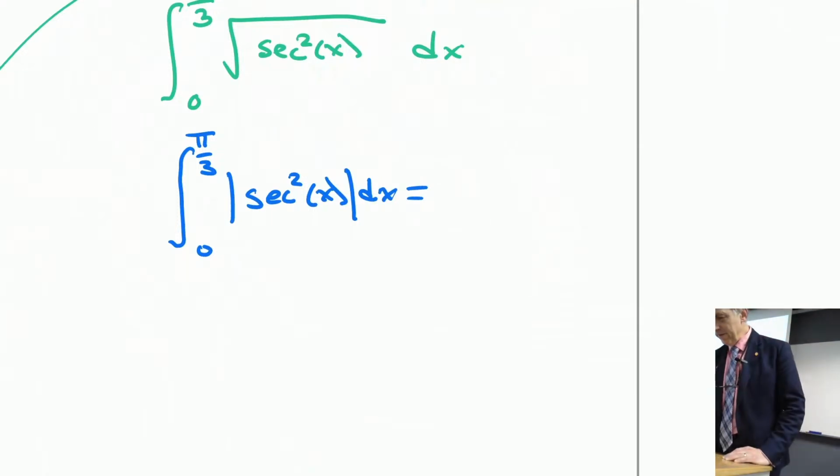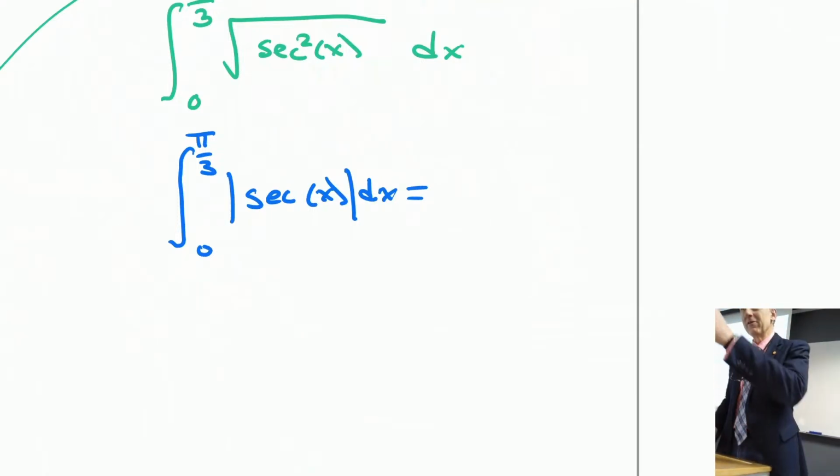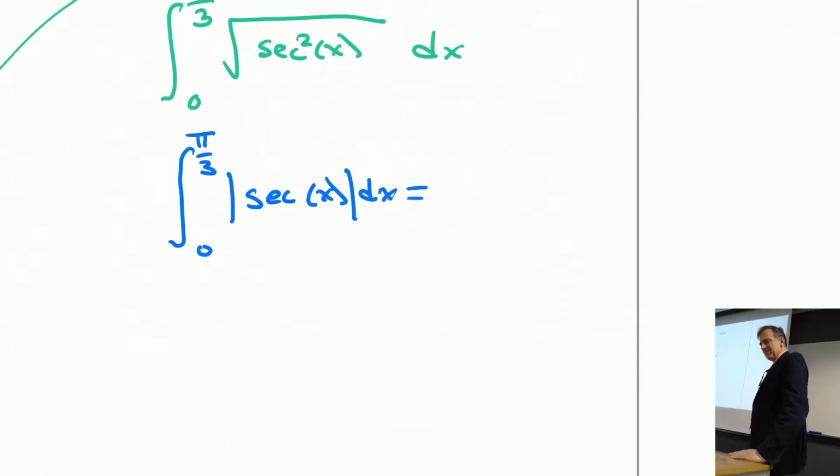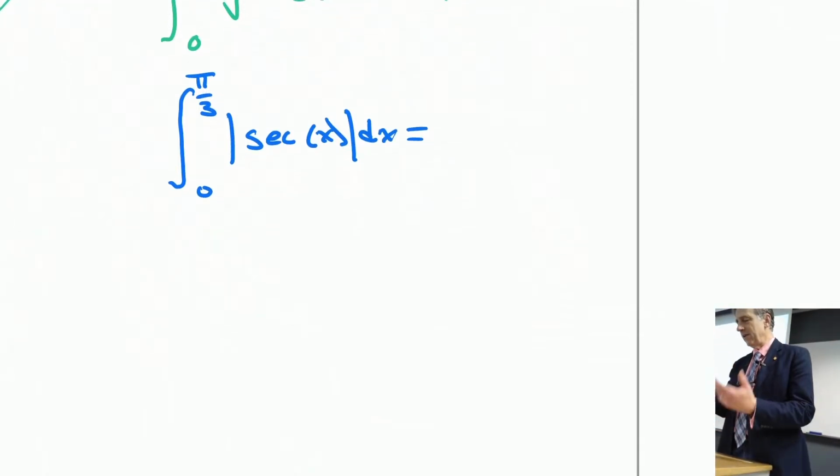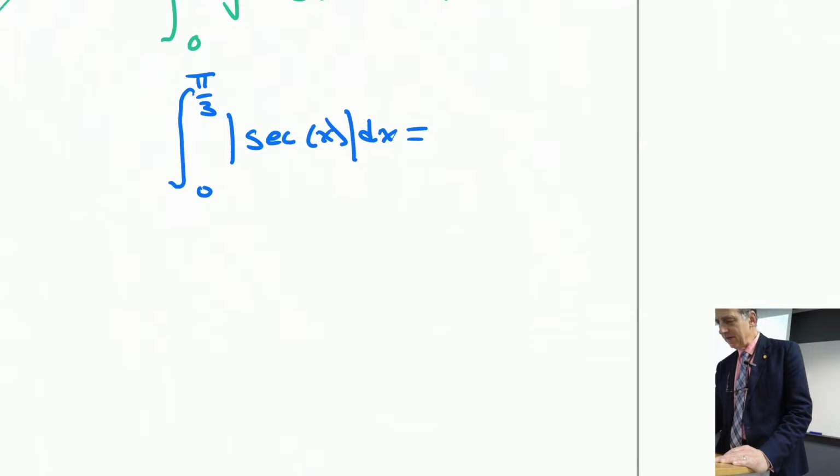But in this case, if you think about the angles from 0 to pi over 3, the secant is positive for all of those angles, and so the absolute value will just be the same as the secant. Otherwise, we would have to deal with a negative somewhere, but this is going to be fine. So this is the integral from 0 to pi over 3 of secant of x dx.